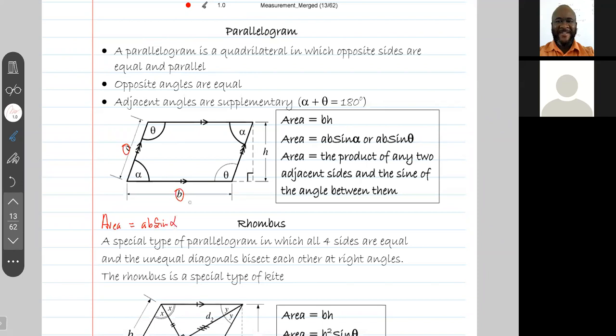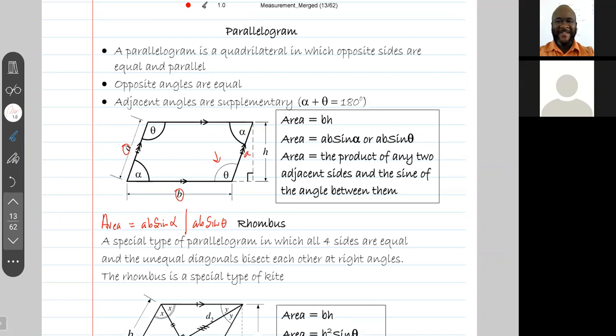This is B and this is A. The angle between them is theta, so the area is AB sine theta. Either AB sine theta or AB sine alpha will give you the same answer.